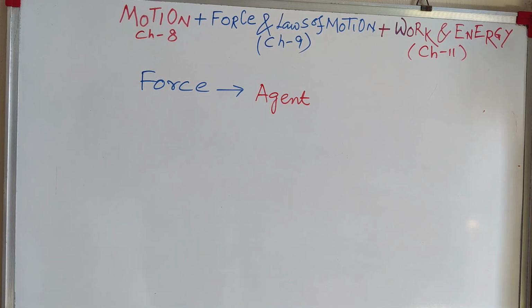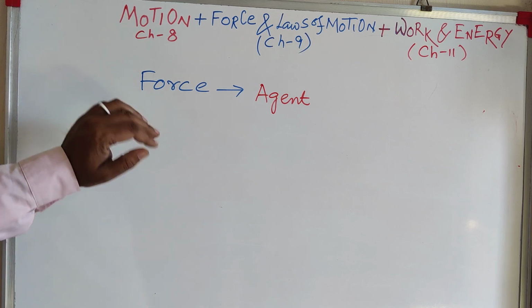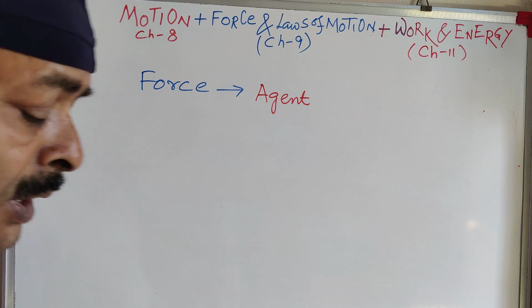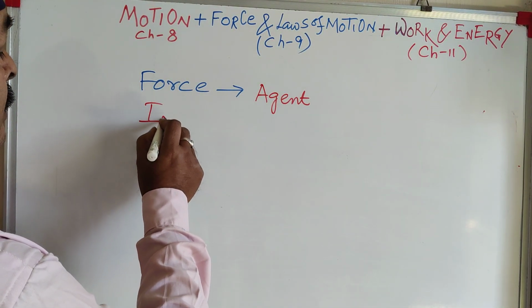The first law of motion says that when no unbalanced external force is applied on a body, the body in rest remains in rest, and the body in motion remains in motion with its uniform velocity in the same straight line. This is the first law of motion. That means the first law of motion indirectly talks about the definition of force. And another concept, one is the definition of force, and another concept is inertia.